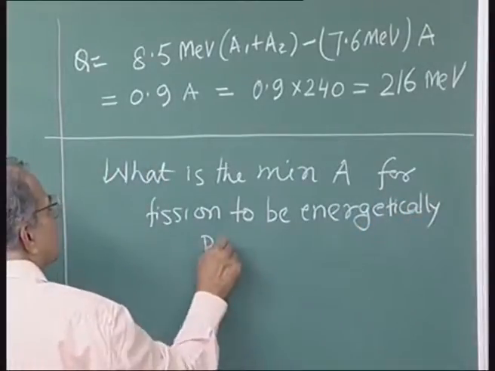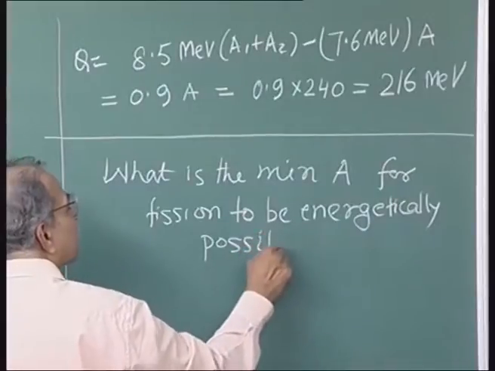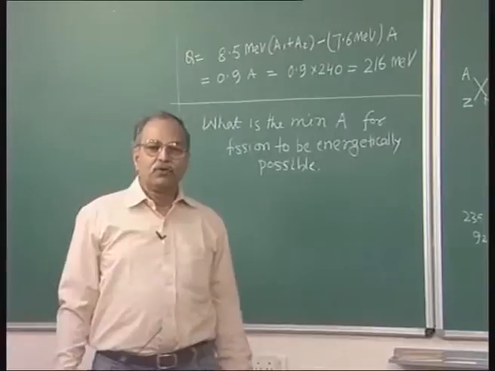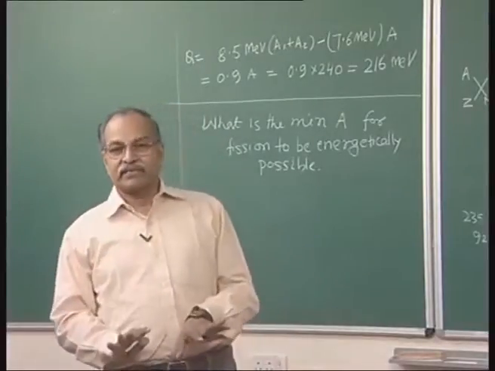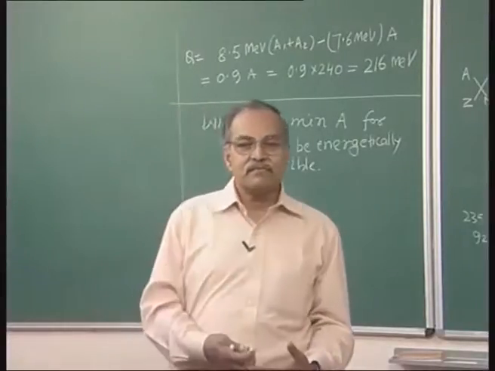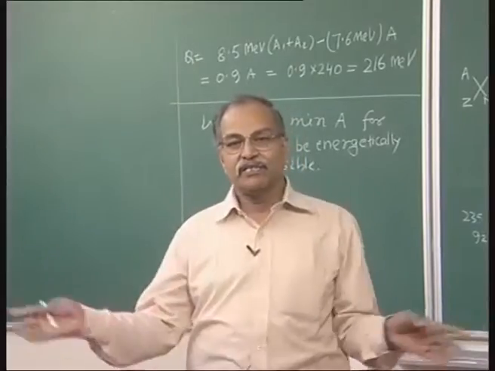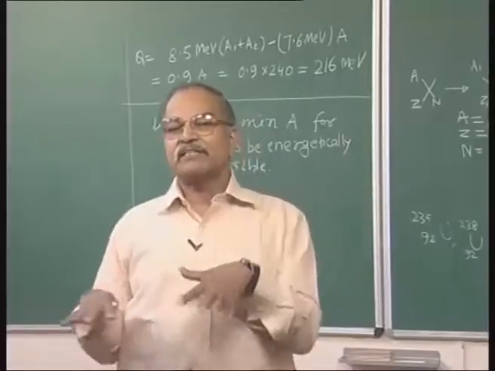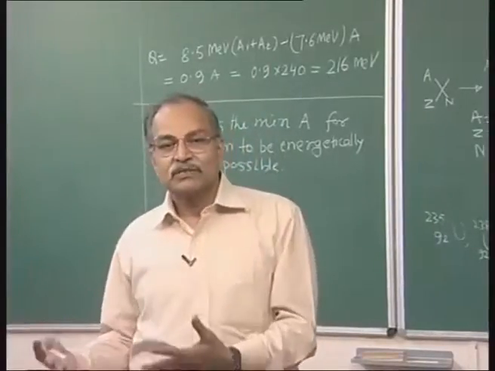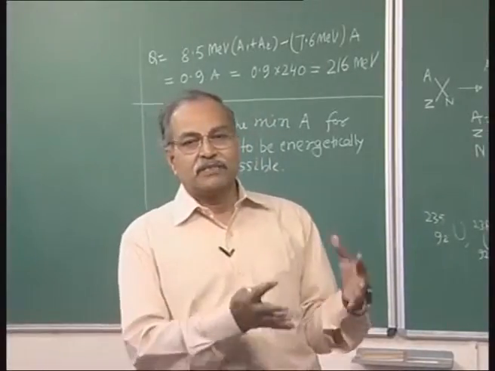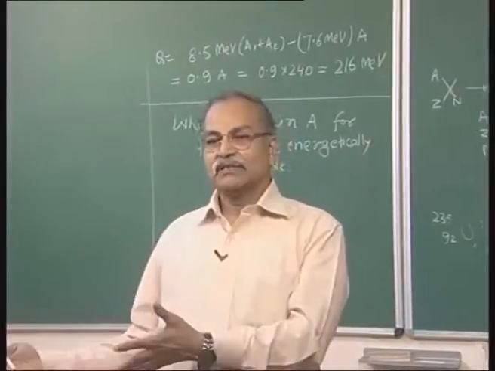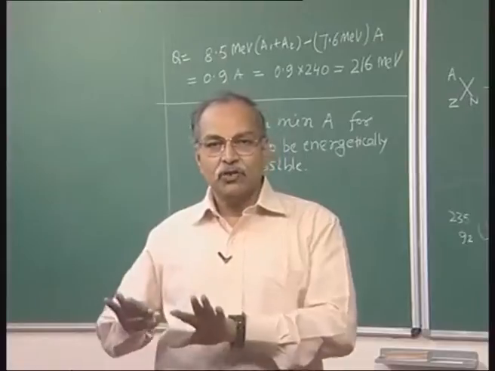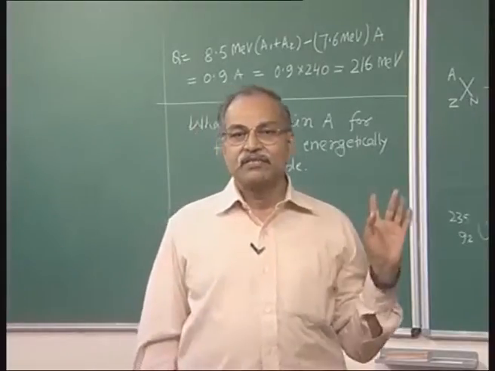Remember, I am talking of rest mass energies in ground states, no external energy given. If external energy is to be given, then anything can be broken. But just because of the difference in the rest masses, which system, whether the initial big nucleus or the pair of fission fragments, is having lower rest mass energy, that we are looking at.